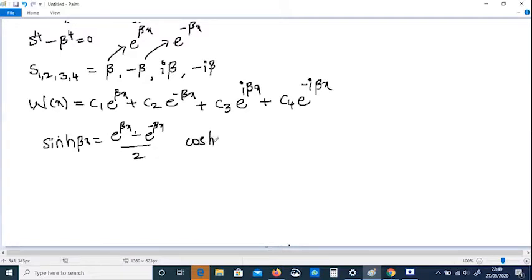Similarly, cos hyperbolic of beta x equal to e to the power of beta x plus e to the power of minus beta x divided by 2, right?